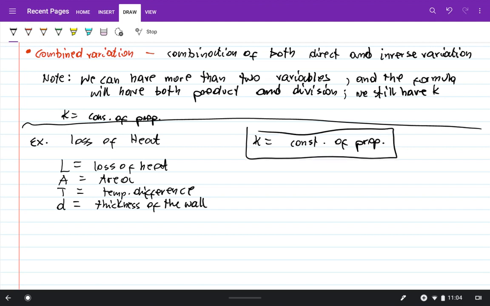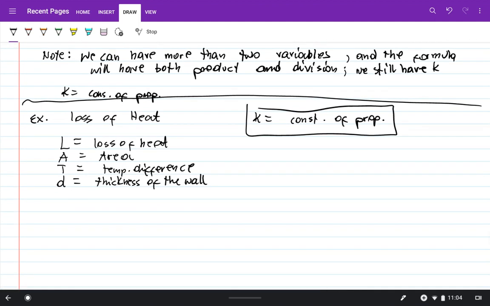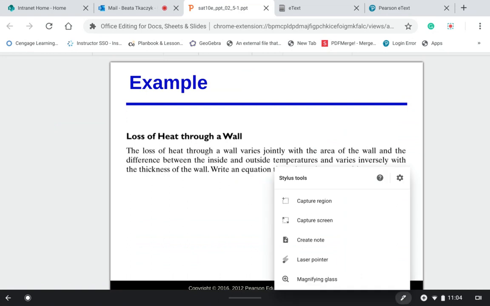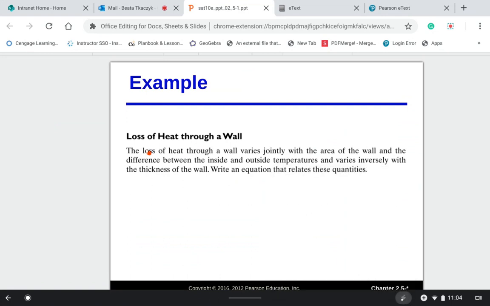In that problem, they only want you to build the formula. So L equals, let's go back and read it again. L, loss of heat, equals, varies jointly. So I'm going to have K with the area of the wall, which is A, and the difference of temperature.